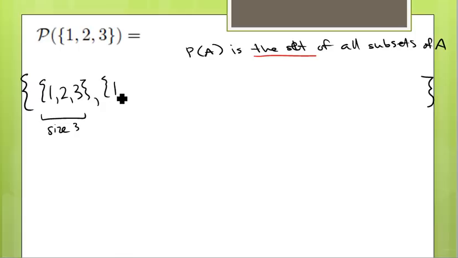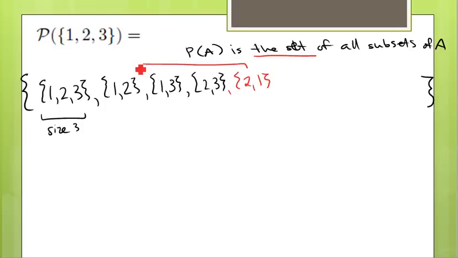So that would be like 1 and 2 together, 1 and 3 together, and 2 and 3 together. Now notice at this point we don't want to add, for example, 2, 1, because that is the same as 1, 2, because in sets, order doesn't matter.